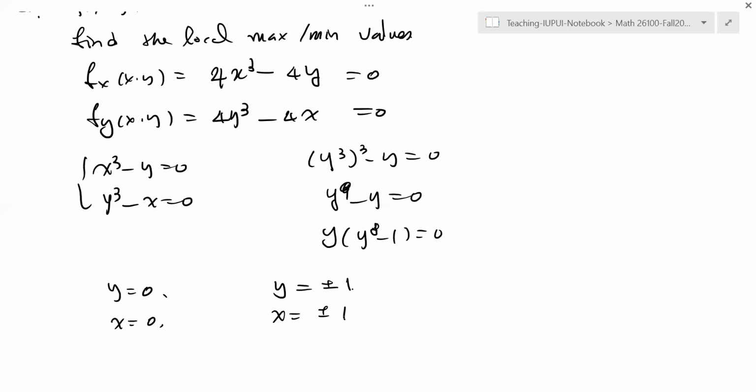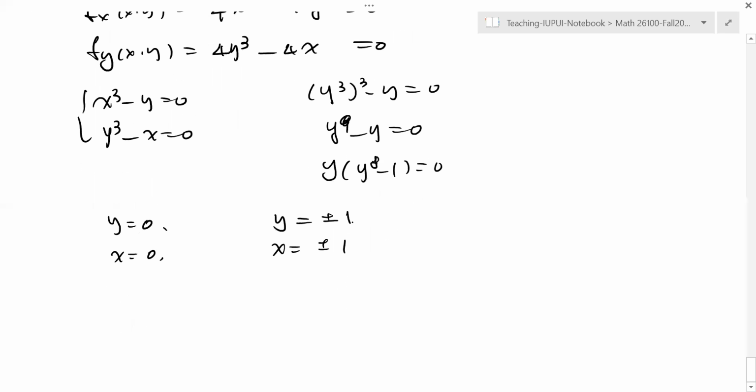So when y is negative 1, x is negative. When y is positive 1, x is positive. So you got 3 critical points: 0, 0, 1, 1, and negative 1, negative 1. So we have to check each of them.